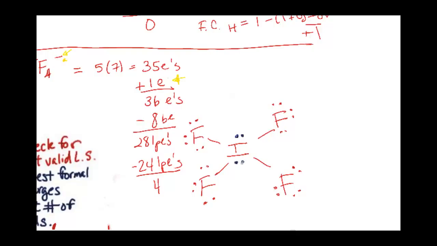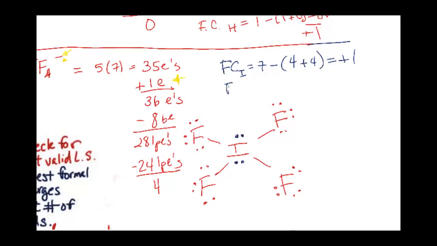Okay? Now let's see if our charges make sense. Here the formal charge for the iodine would be 7 minus, we got 4 bonds plus 4 lone pair electrons gives me a +1 charge, right?